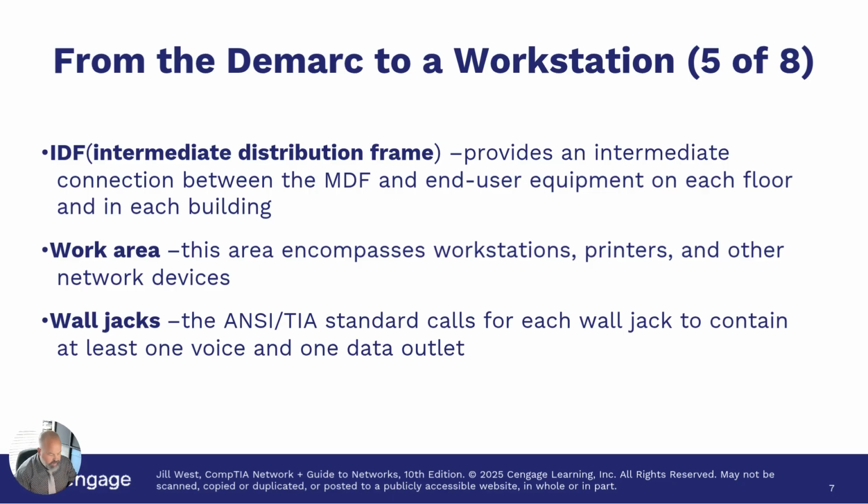I've seen crock pots that need IPs. I've seen refrigerators, coffee machines. So that's your work area. And then wall jacks. The standard for wall jacks says that each wall jack should have at least one voice and one data outlet. Though most of the time these days, most voice outlets just carry more data since everything is digital anyway.